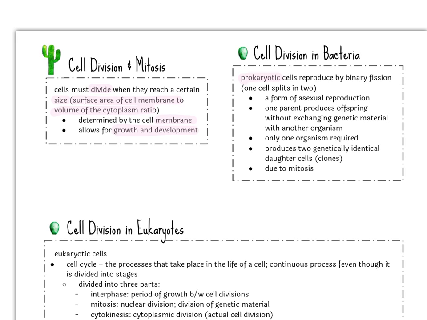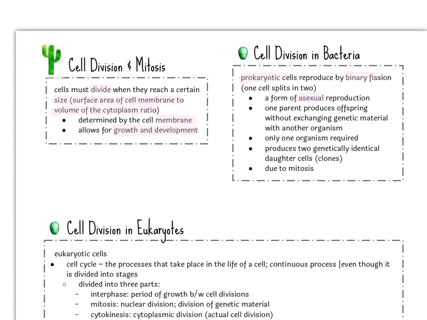So prokaryotic cells reproduce by binary fission. And we know that bi means two, so binary fission literally just means one cell splitting into two. And binary fission is a form of asexual reproduction. And we know that A means what? Without. So asexual literally means without sex.